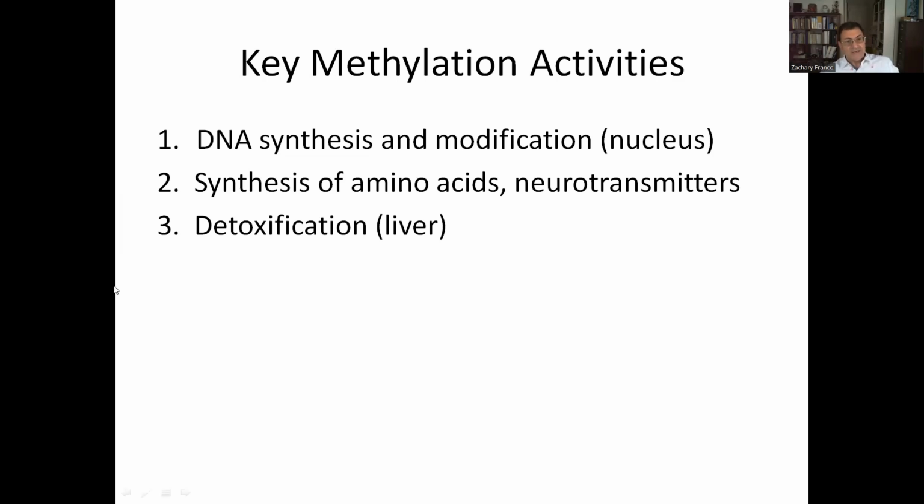And in order to make those other things, like amino acids and neurotransmitters and adrenaline, you need to have methylation occurring. And finally, detoxification. So the liver does a lot of things to protect us, and one of the things the liver does is it methylates various things or toxins.